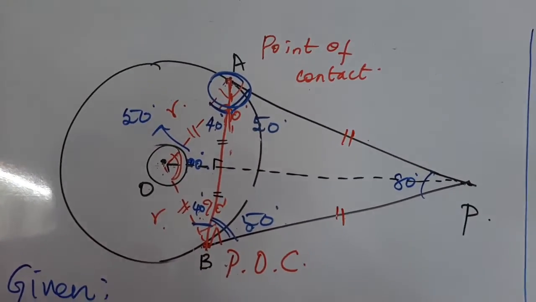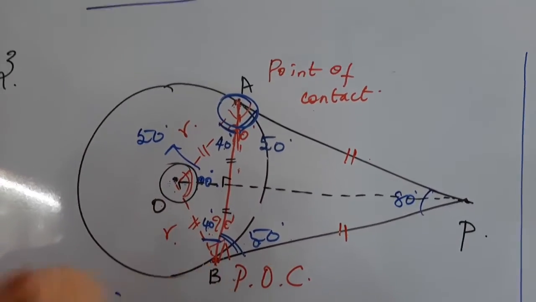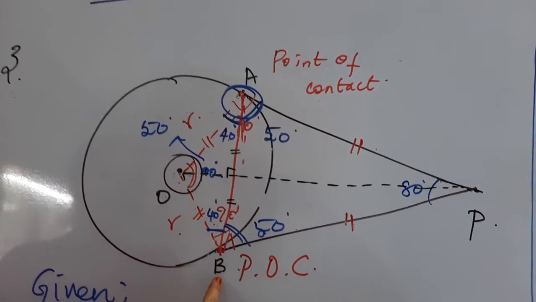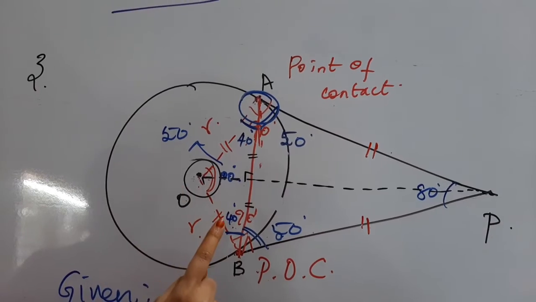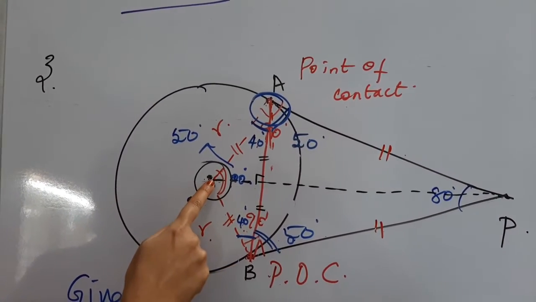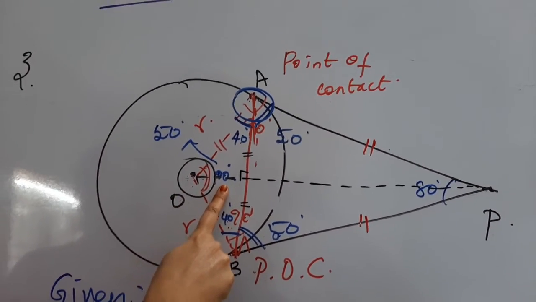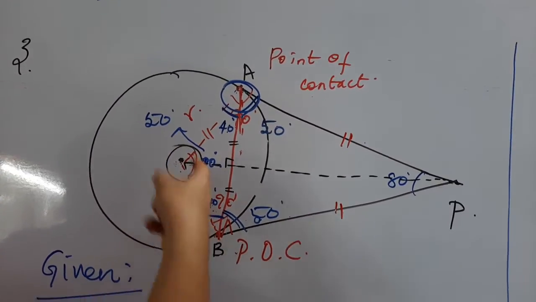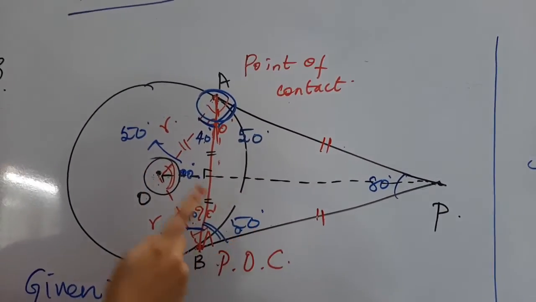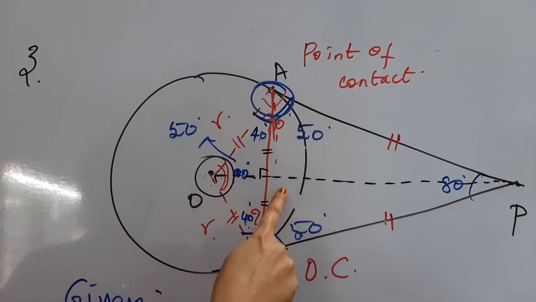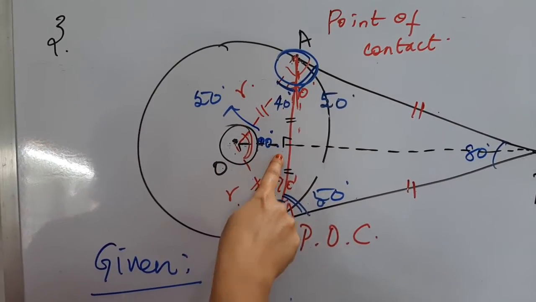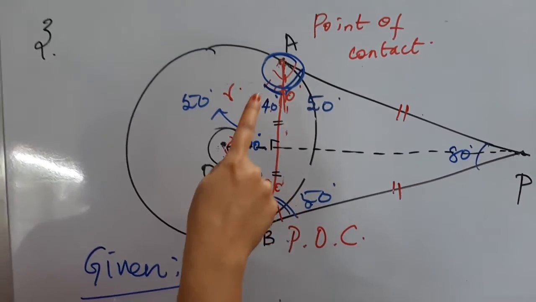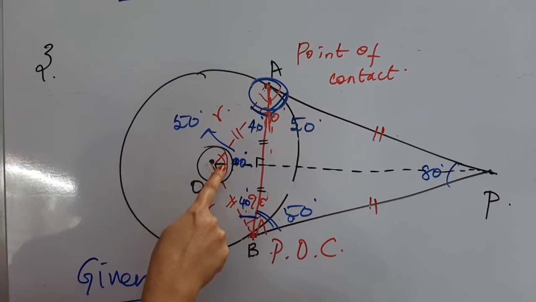Again, what did we do? We took the second isosceles triangle, which is triangle AOB. Again here we found two angles, the sum of the two angles is 40. Then by angle sum property, I found angle O as 100 degrees. Then we have drawn the angle bisector. From the center of the circle to a chord, if I draw a line, that line will be perpendicular and that line will bisect the chord, and that line will be the angle bisector for the center.